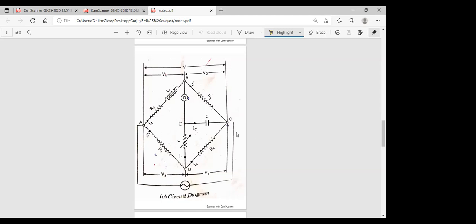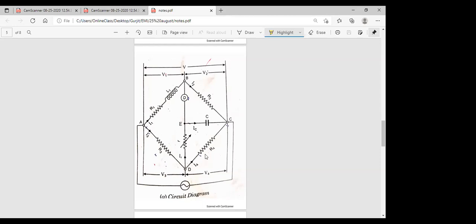In the Anderson bridge, we will connect the detector between the B and E. In the other bridges, we have a detector or a galvanometer either at the point B or at the point D. But here we have a detector between the point B and E. Here one more capacitor is attached between the point E and C, that is the capacitor C. Here we are using the variable resistance, that is the small r resistance.